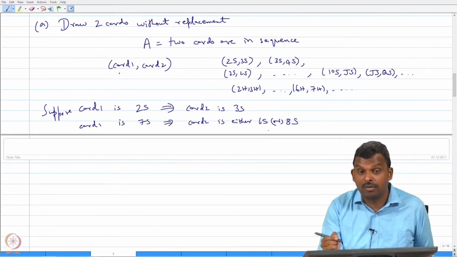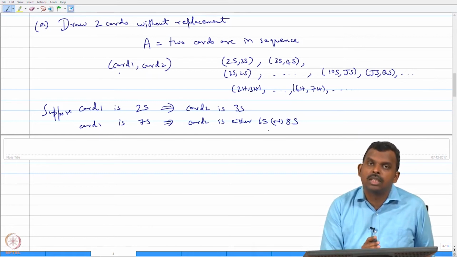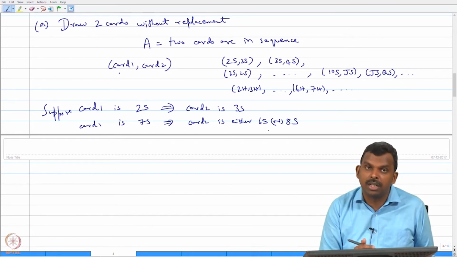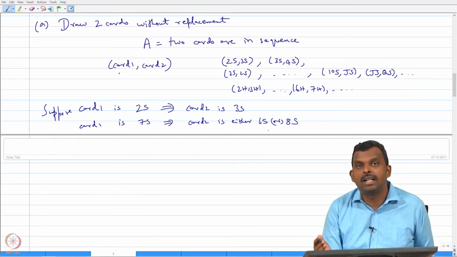So, you are going to look at this event of 2 cards in a sequence and first break it down on what happens in the first card. The first card could be any one of the 52 possibilities, but you do not have to look at all the 52 possibilities in detail. You can first look at the one case in which you either had a 2 or an ace, and the second case in which you had anything else.